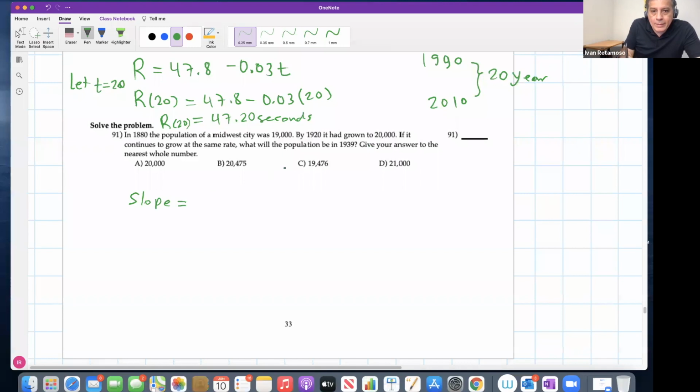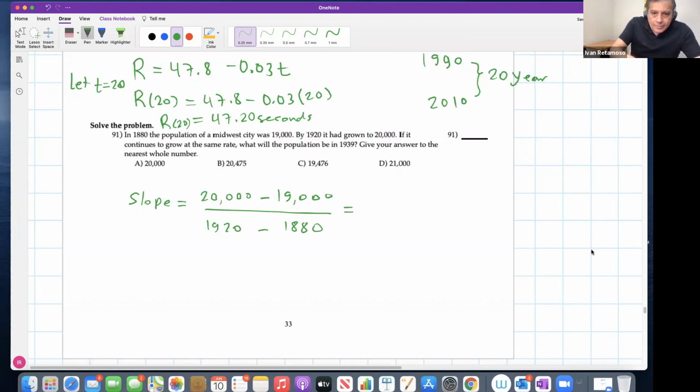So the slope will be, look, take the last population, which was 20,000, minus the initial population, 19,000. This is the difference of the outputs, y2 minus y1. Now take the difference of time. The 20,000 happened in 1920, and this happened in 1880, so get the rate of change. Let's compute it.